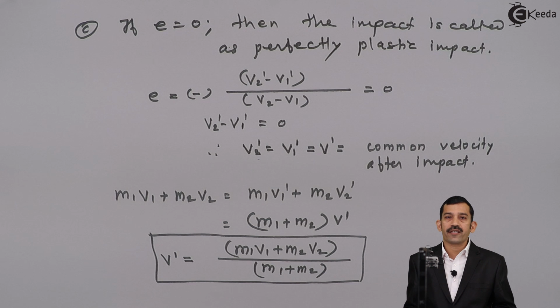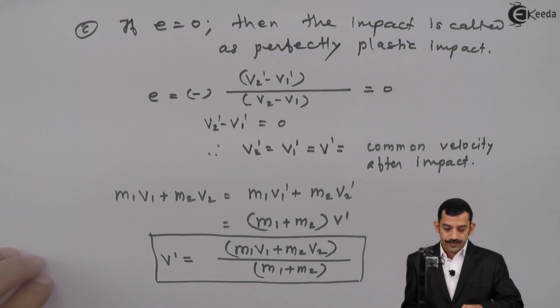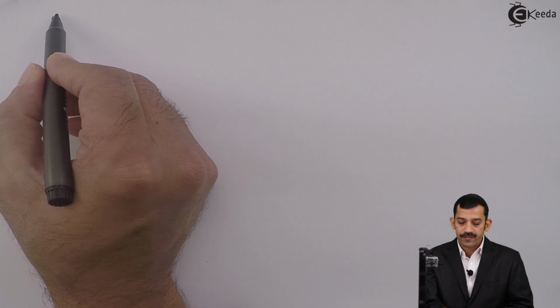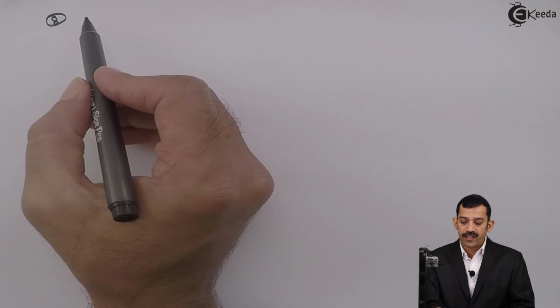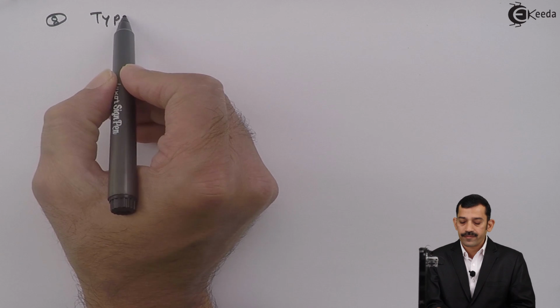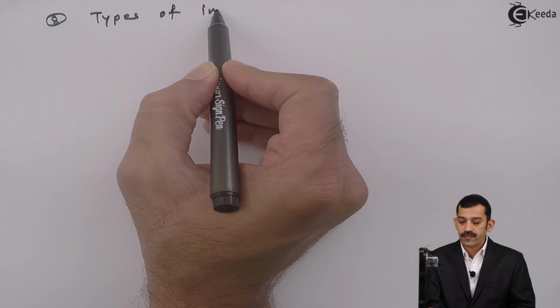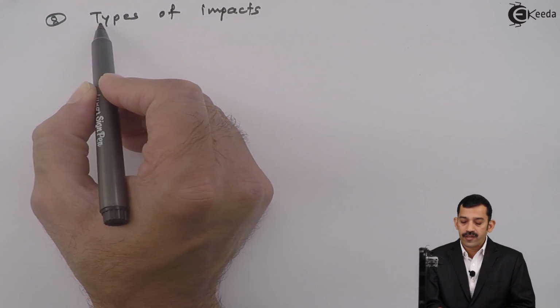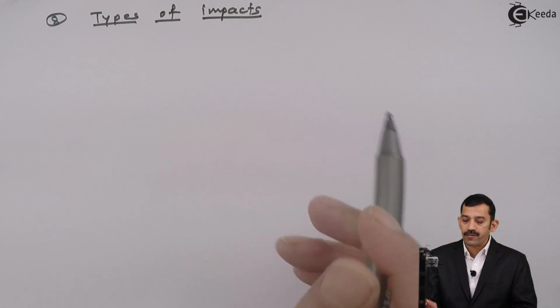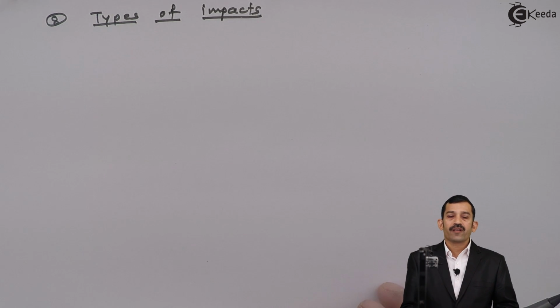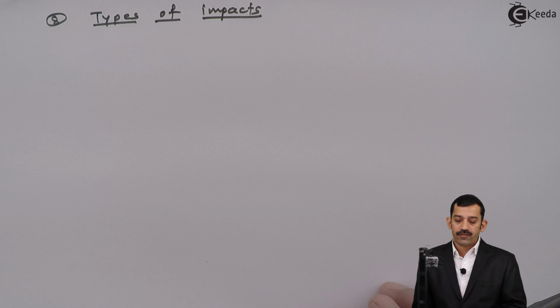Similarly, from the direction of velocities we will also get some types of impact. Therefore, the next point, point number 8, I will write here: types of impacts, but these types depend on their velocities, the directions of velocities.